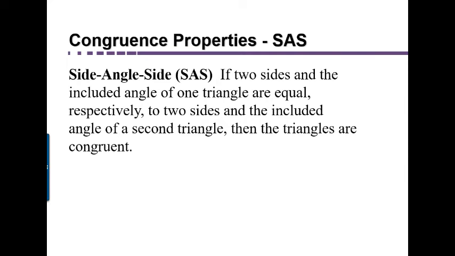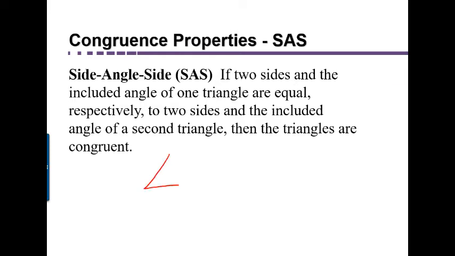So we would like to know what the minimum amount of information is necessary to guarantee that two triangles are congruent. And there are certain properties that will guarantee that they're congruent. So it turns out that if you know that two sides and the angle between them are the same on two different triangles, then that means that everything's the same.